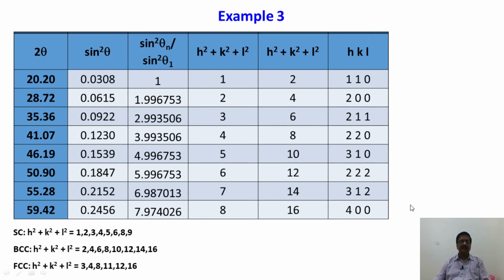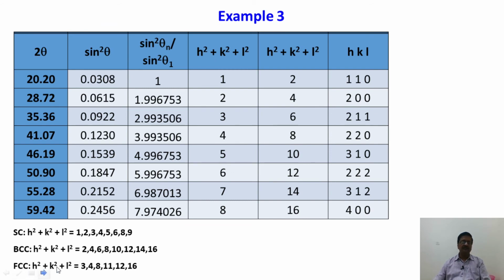So we see there are different types of sets of numbers for h square plus k square plus l square. So when this series of numbers like 2, 4, 6, 8, 10, 12, 14 and 16 appears, this represents a BCC system. If you look at the corresponding HKL values, this represents the systematic absence that is observed for a body-centered cubic system, and hence this series of numbers for h square plus k square plus l square represents a body-centered system.